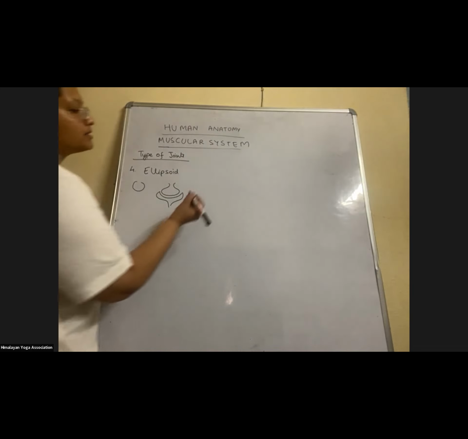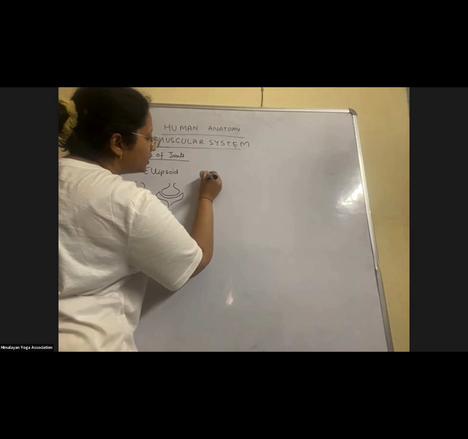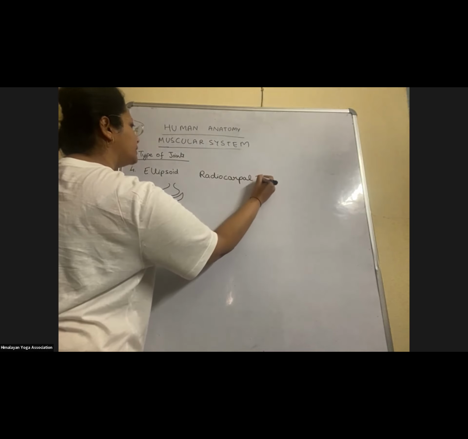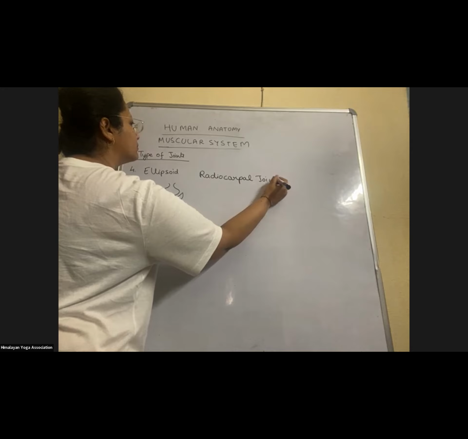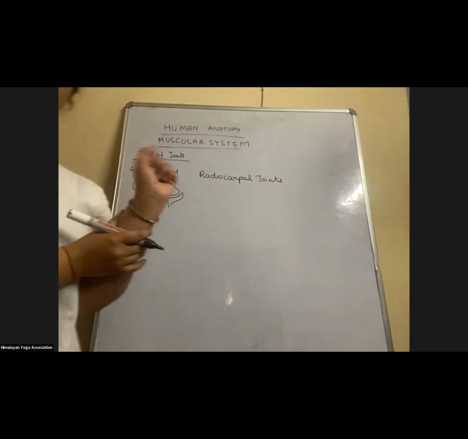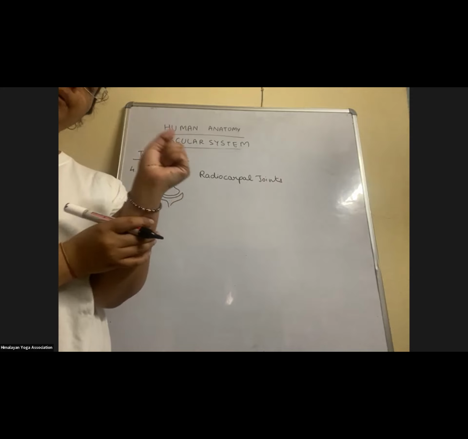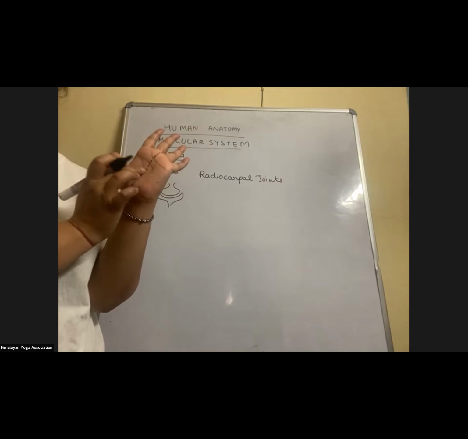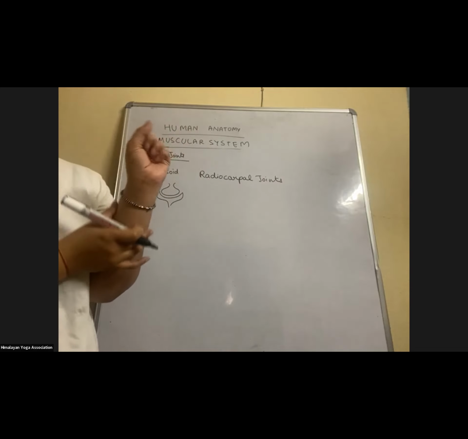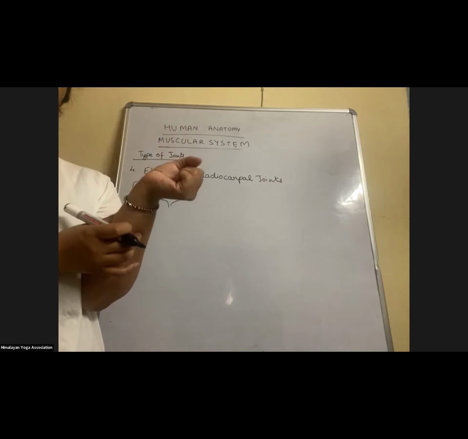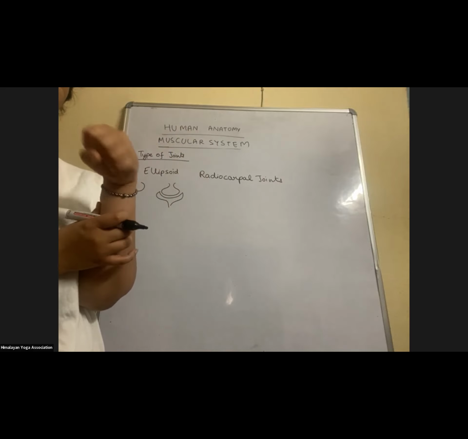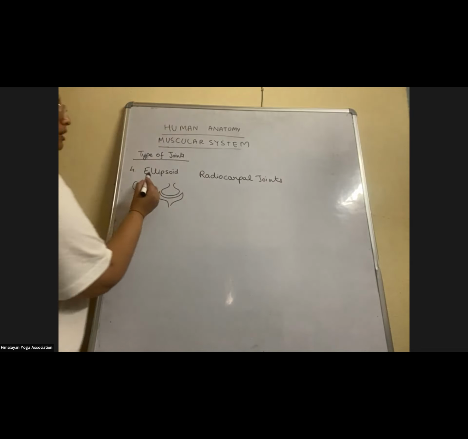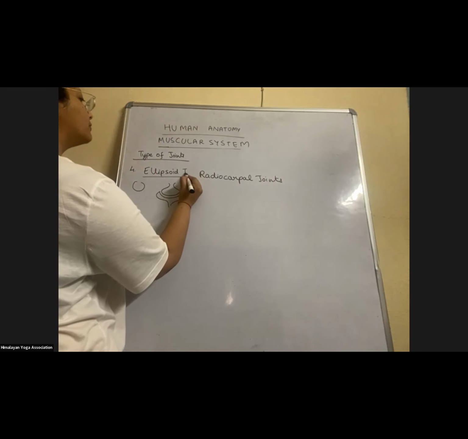An example of this is the radiocarpal joints. The wrist movement is able to happen because of this radius and these carpals I told you. There is a joint here. This movement, flexion, extension, rotation, all this is because of this ellipsoid joint that we have.